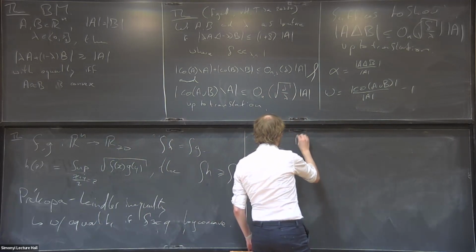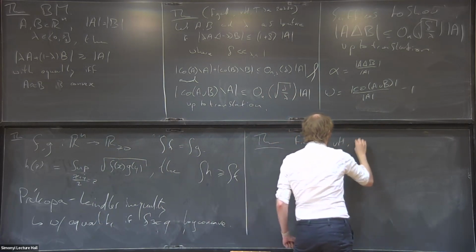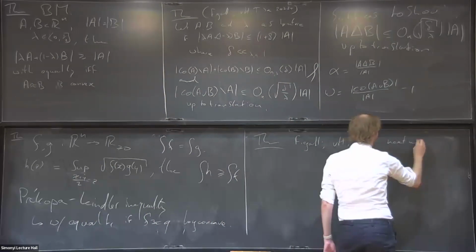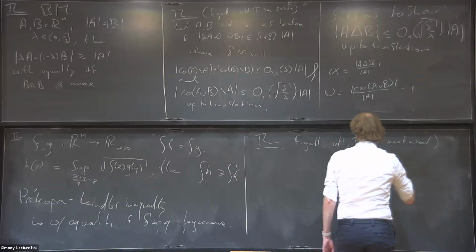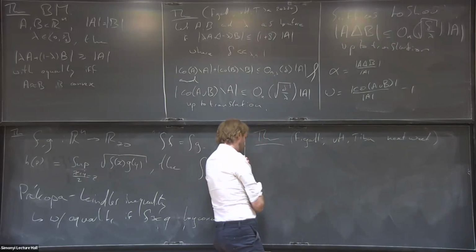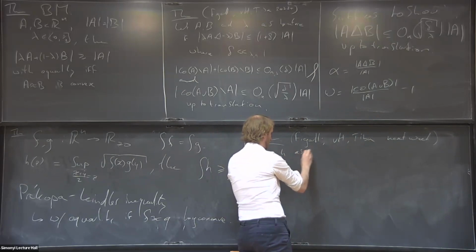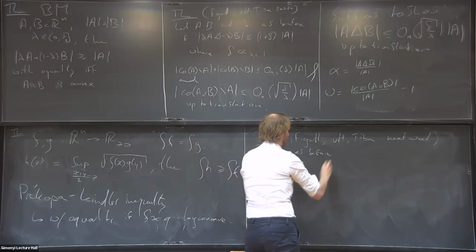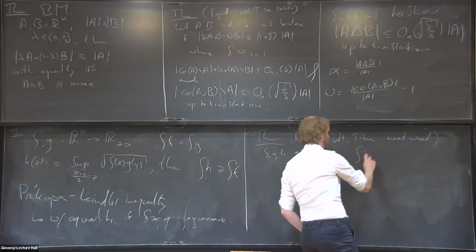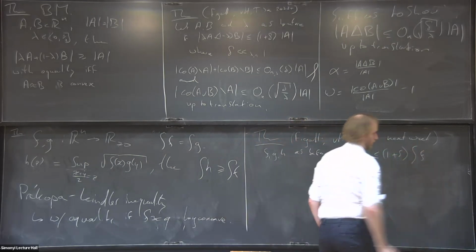So let's say we have f, g, h as before, with the property that the integral of h is at most 1 plus delta times the integral of f.